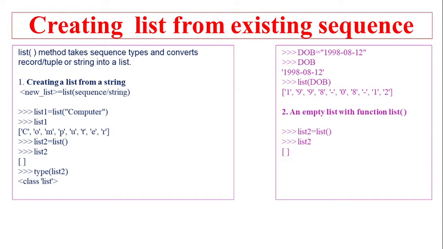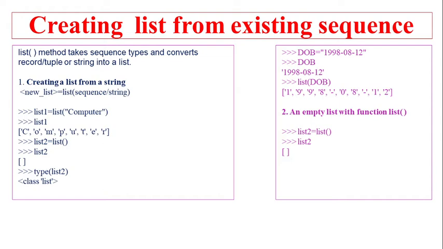Then DOB equal to 1998-08-12. When we print DOB, it prints the value. Suppose we are passing DOB to the function list, what will be the result? At present DOB is a string, right? It's a date, of course, and it's a string, and when we pass that string to the function list, it will be converted to a list.